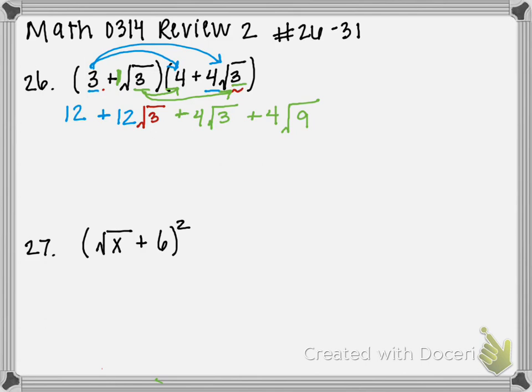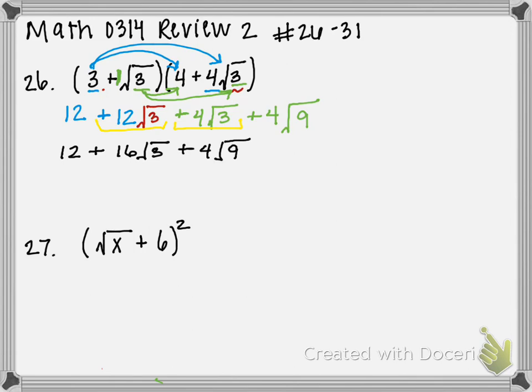So after this point, we need to start simplifying. It really doesn't matter what you start with, but we could just start with 12 square roots of 3 plus 4 square roots of 3. So that would be 12 plus 16 square roots of 3 plus 4 square roots of 9.